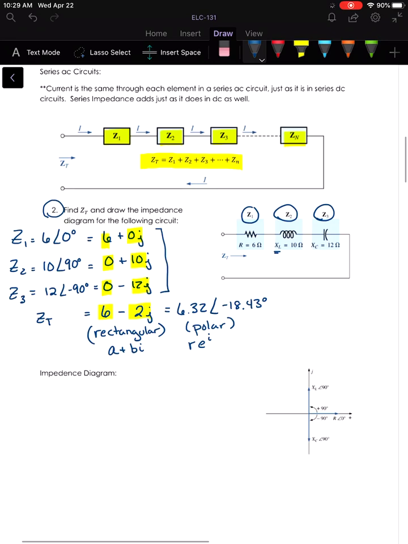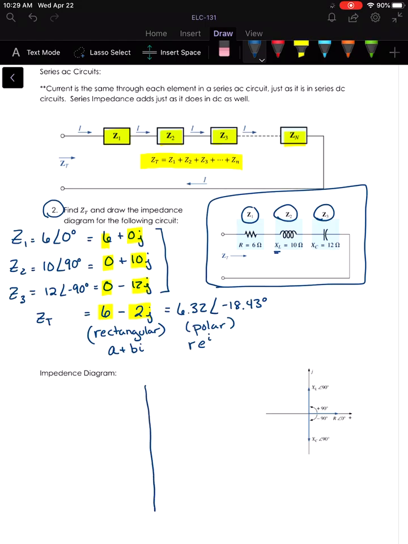So the impedance diagram looks like this chart here at the bottom. If I were to draw this impedance and put this in a diagram, I'll show you what it would look like. So this is the positive real axis.